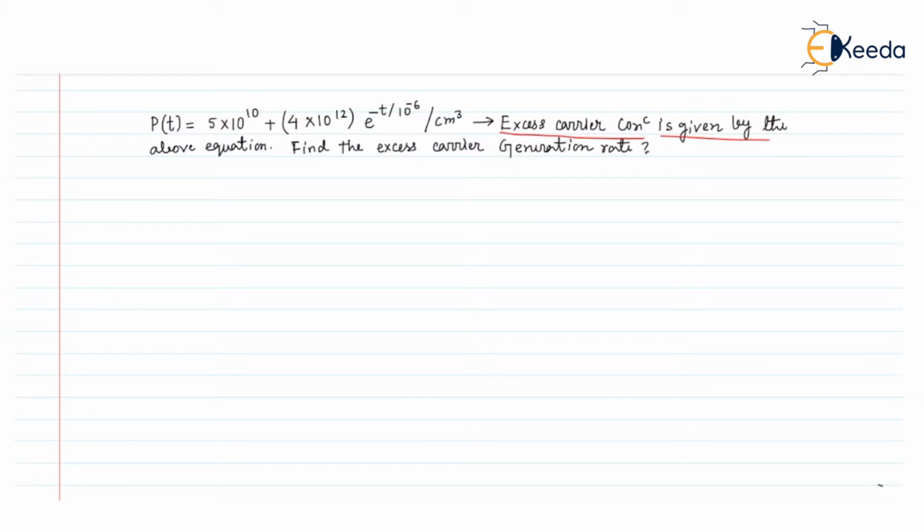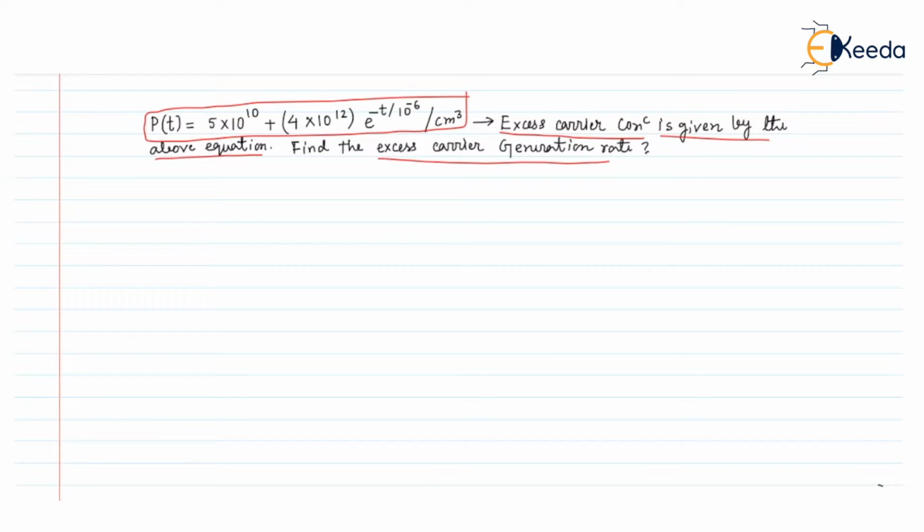So this equation is the excess carrier concentration equation, where Pt is the excess carrier that is changing with respect to time. Now we have to find the excess carrier generation rate. Let us find what is the excess carrier generation rate.